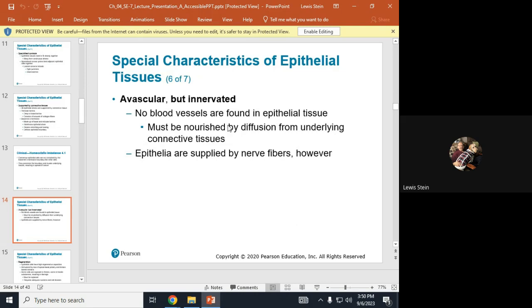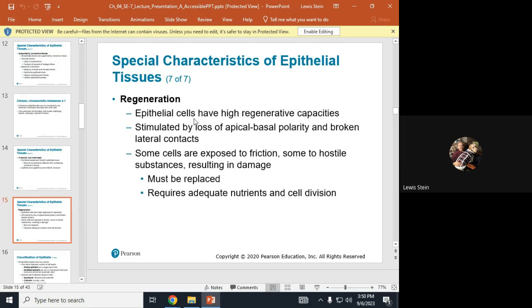So no direct blood supply, regenerates highly, and all you have to do is lose a couple for whatever reason. They're used up, they're abraded, they're irritated, or it's a mechanical trauma, you fell, you scraped yourself, you cut yourself, that type of thing.